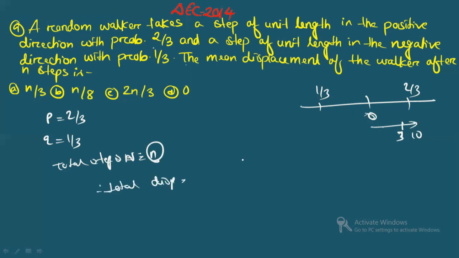Total displacement will be the step to the right minus the step to the left, directly from subtraction, and you will multiply with n for n steps, because you are asked to calculate after n steps. When you take the LCM, you will get 1/3 n. Calculate and see. So the direct answer is 1/3 n, or n/3. Clear?